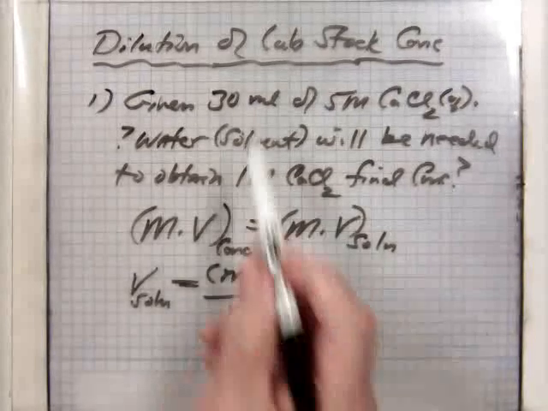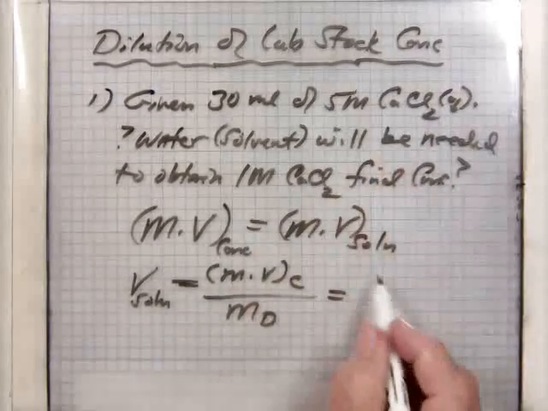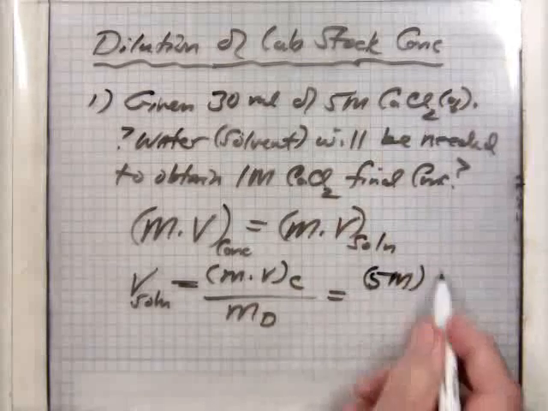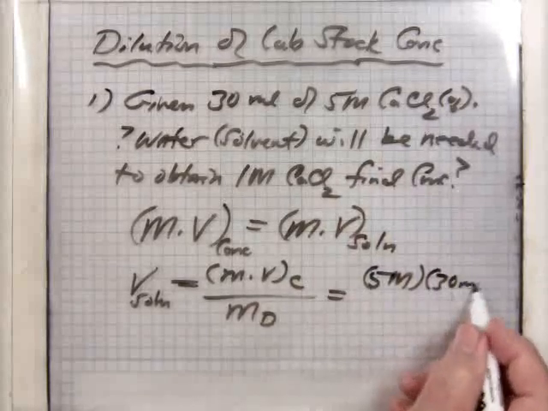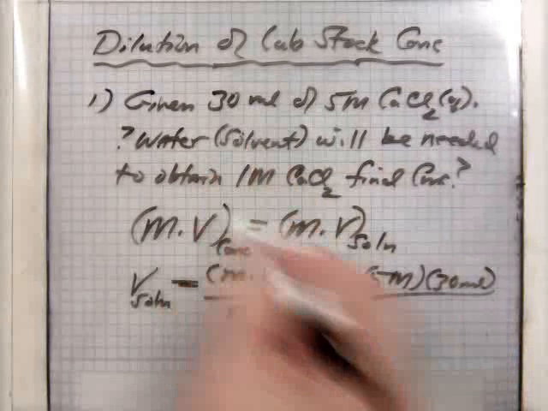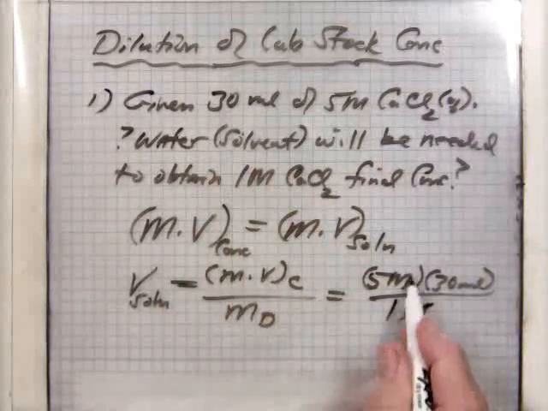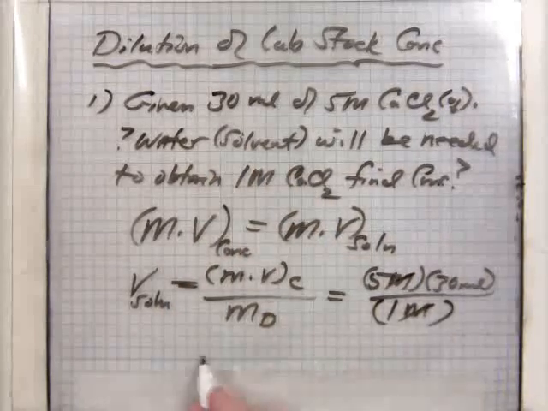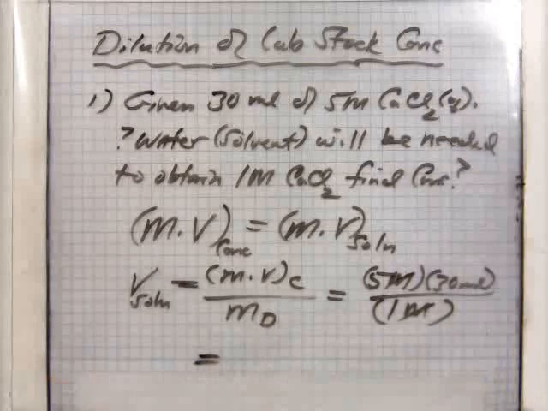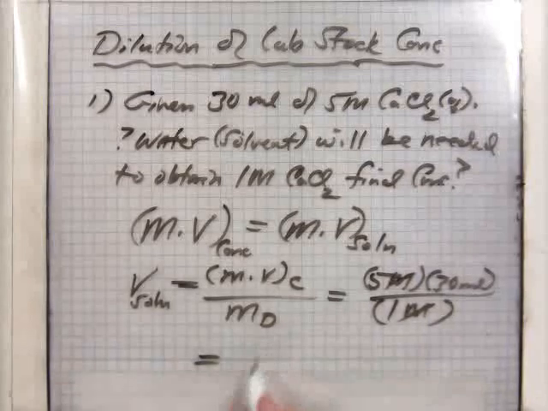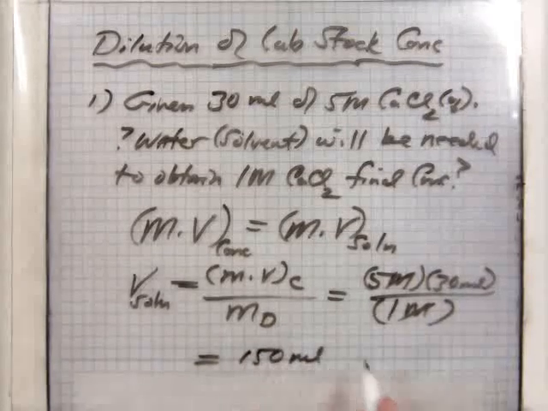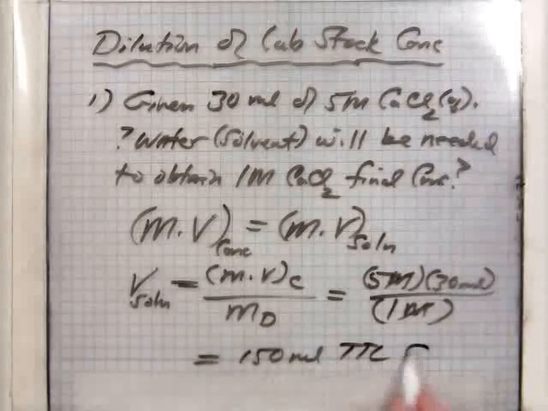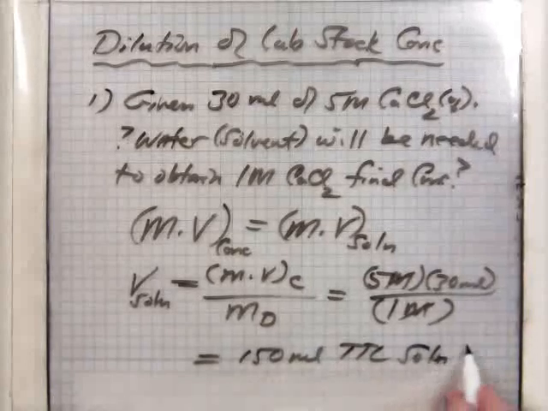And so the molarity of the concentrate is 5 molar, and you have 30 mils of that, and you wind up with 1 molar, which cancels out, and so your solution volume ends up at 150 milliliters total solution volume.